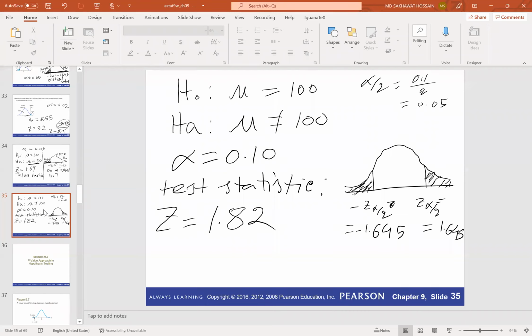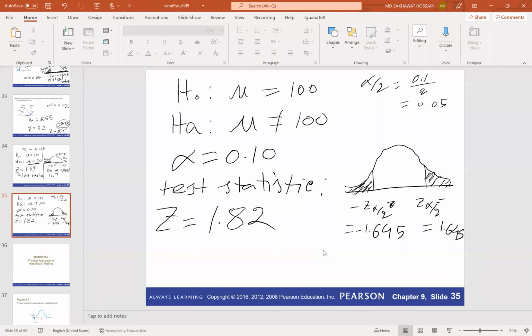So now our test statistic is 1.82. Do we reject null or fail to reject null? What do you think in this case? First look at the rejection regions. This is negative 1.645, and this is positive 1.645.